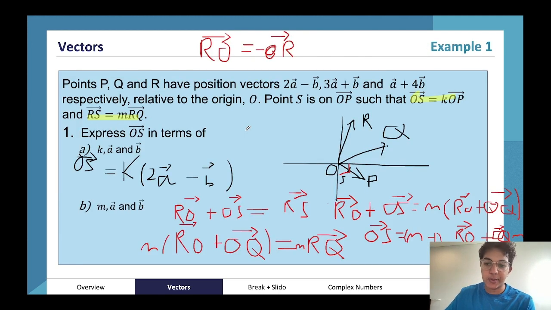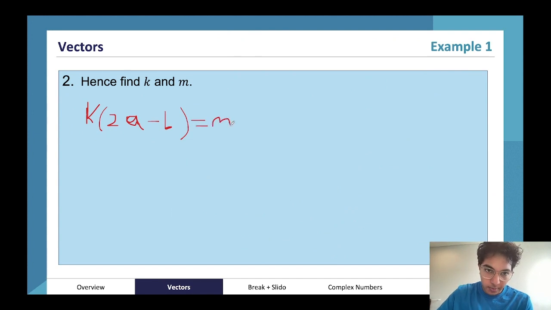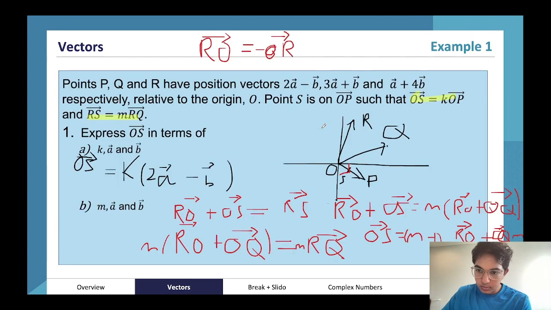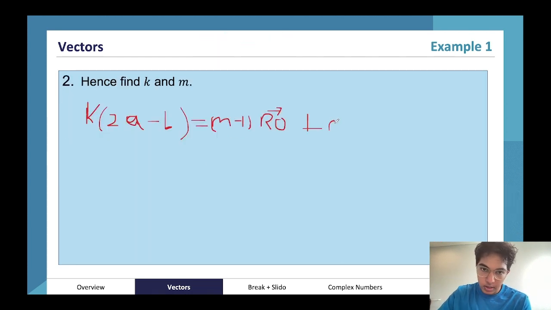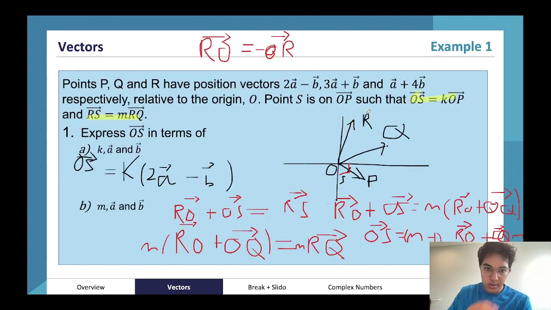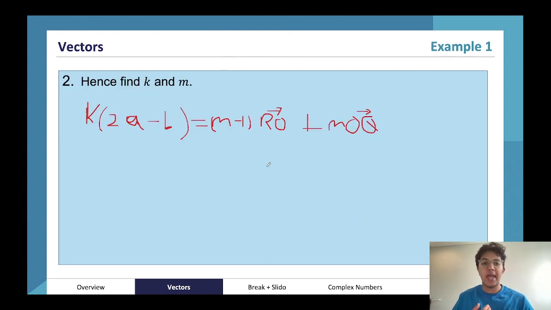Make sure you draw in those arrows. And then we'll have m minus 1 r naught plus m o q. Okay, so express OS. And so they want us to find k and m.